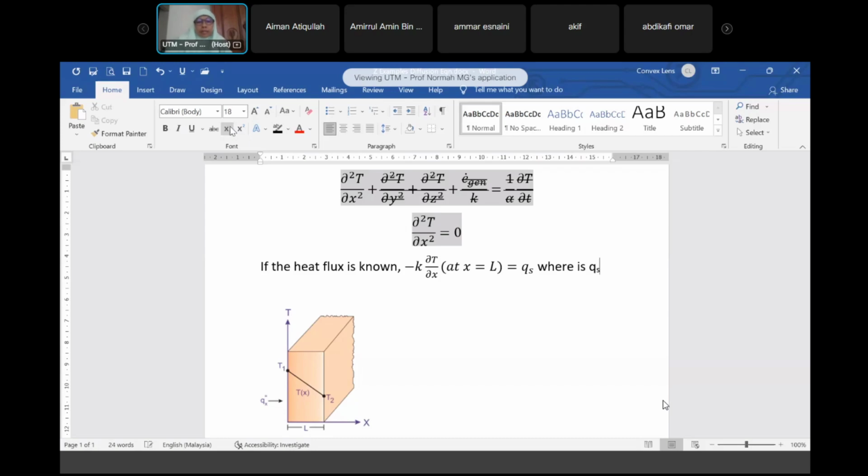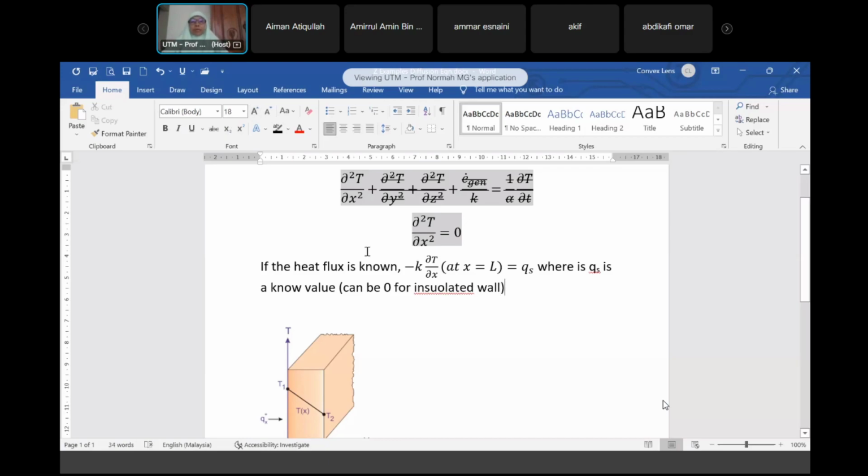Qs is a known value, it could be 0 for an insulated wall. So you get that?